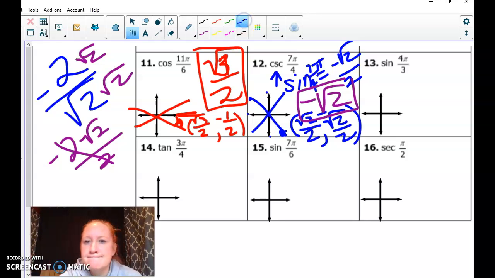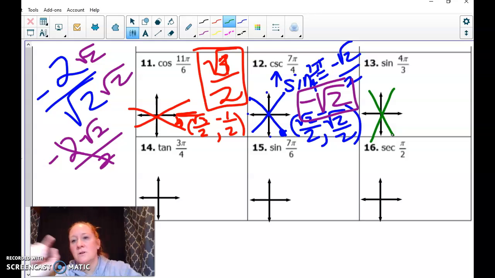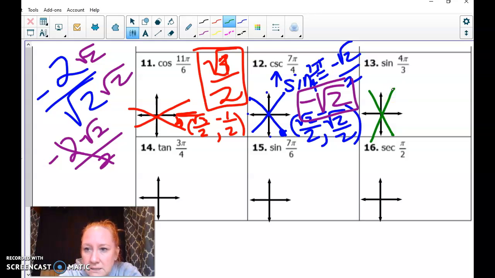4 pi over 3. My pi over 3's are the tall ones. It's like 2 pi over 6's because 2 over 6 simplifies to 1 over 3. Okay, so where's the 4? So 1 pi over 3, 2 pi over 3, 3 pi over 3, 4 pi over 3 is down here.